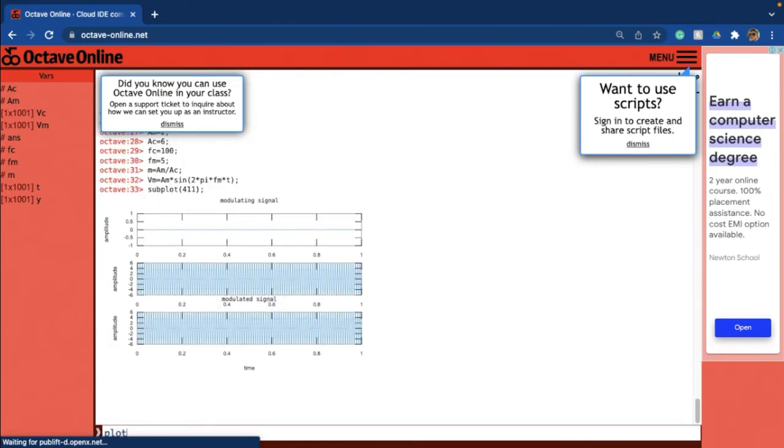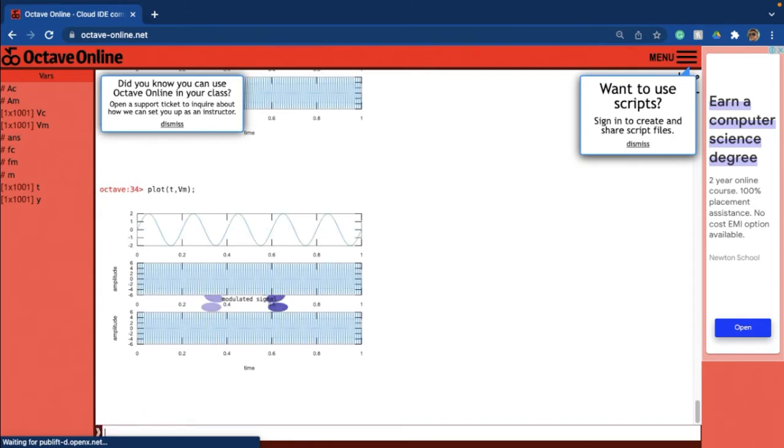Plot between T and Vm. This command has been used. Title: modulating signal.